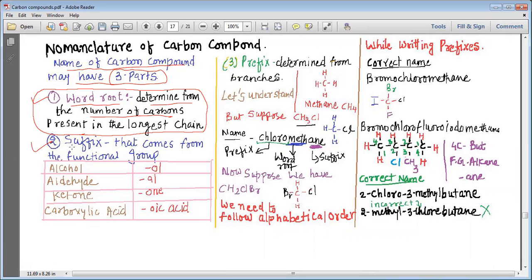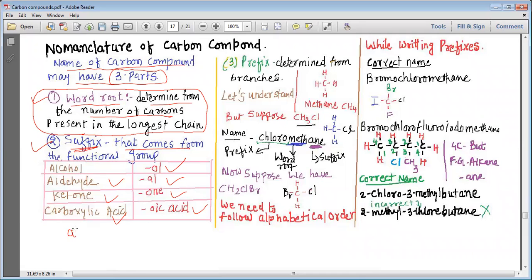Then we have the next one, which is known as the suffix. The suffix comes from the functional group present in the carbon compound. So if the functional group present is alcohol, the suffix is going to be ol. If the functional group is aldehyde, the suffix is going to be al. If the functional group is ketone, the suffix is going to be one. If the functional group is carboxylic acid, the suffix is going to be oic acid.